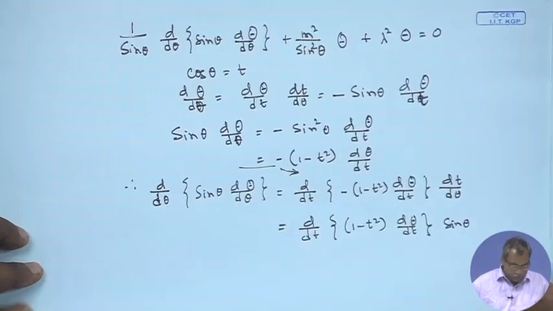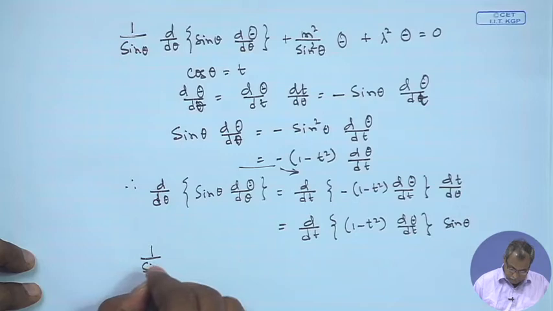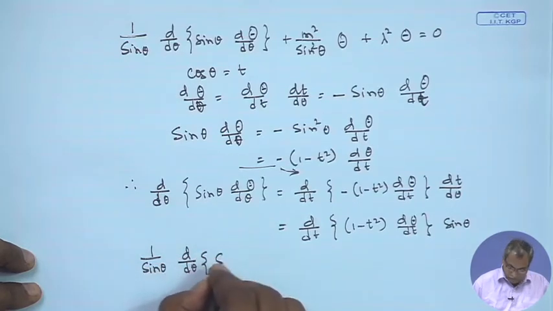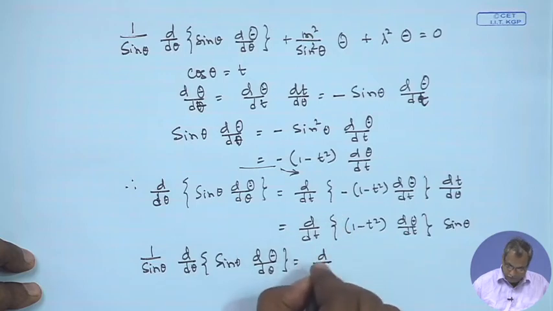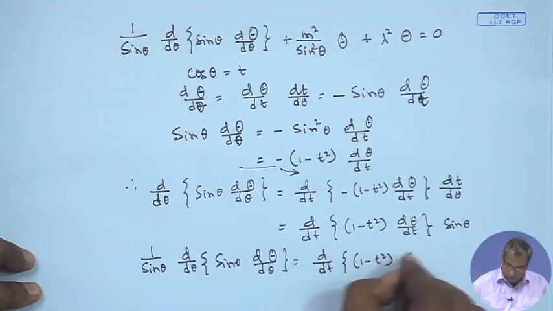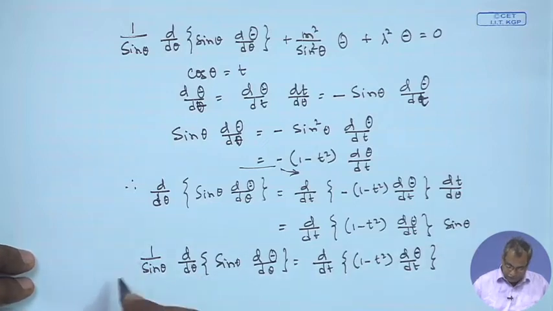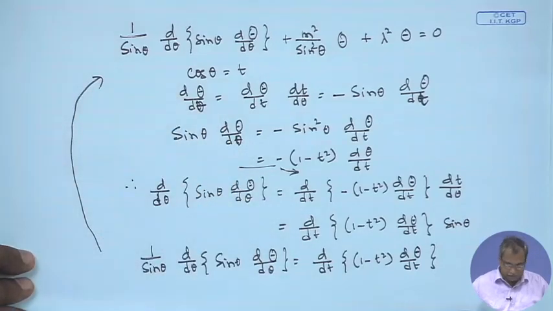So we will have 1 over sin theta d/d theta of sin theta d Theta/d theta equal to d/dt of 1 minus t square d Theta/dt.